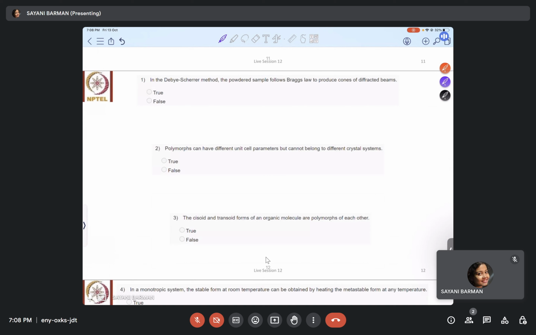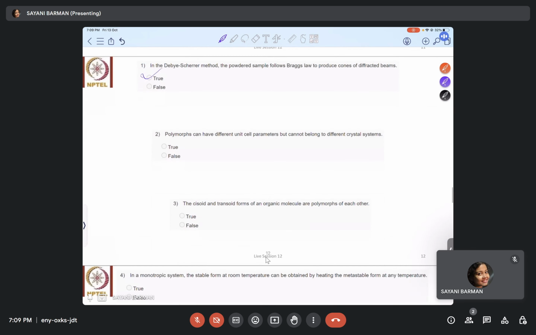Due to this, X-rays are diffracted by various crystal planes at different angles. Now Bragg's law is satisfied for all these diffracted crystal planes in the sample, producing a set of diffraction cones. Each crystallite will produce a set of diffraction spots, right? That means the combination of all the spots results in a diffraction pattern. So it's true.